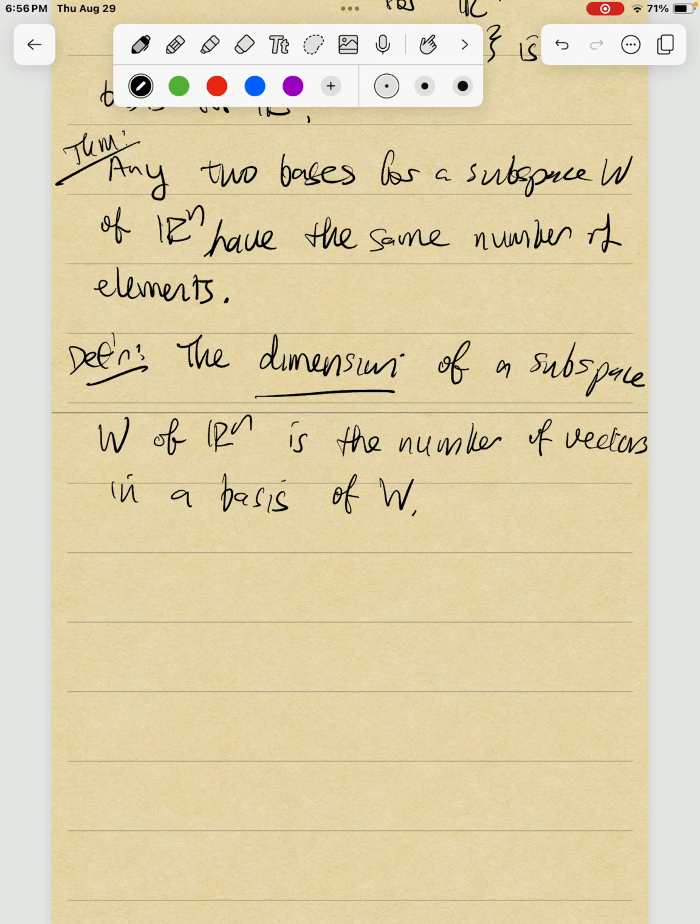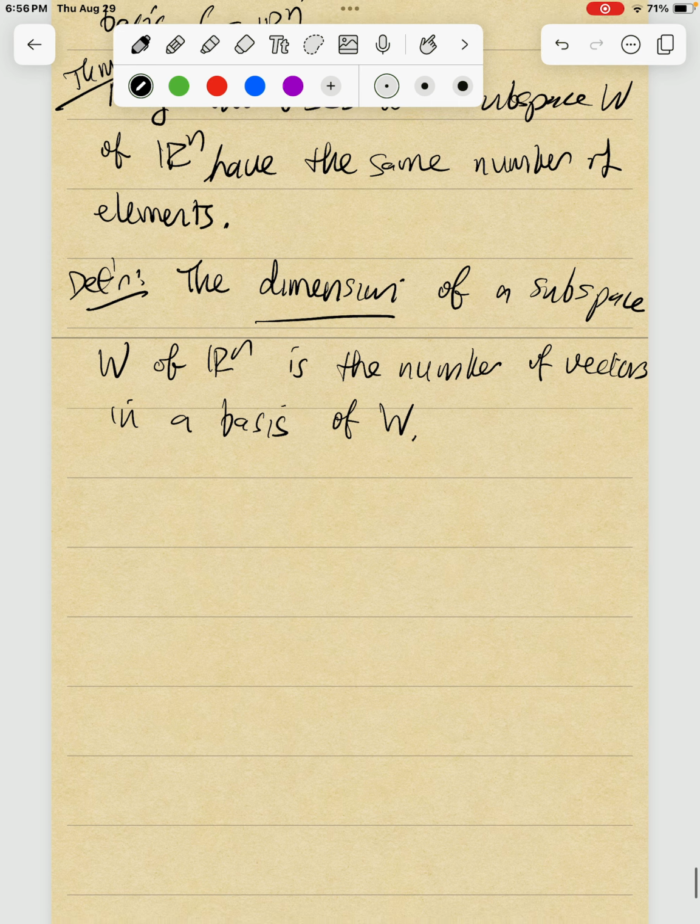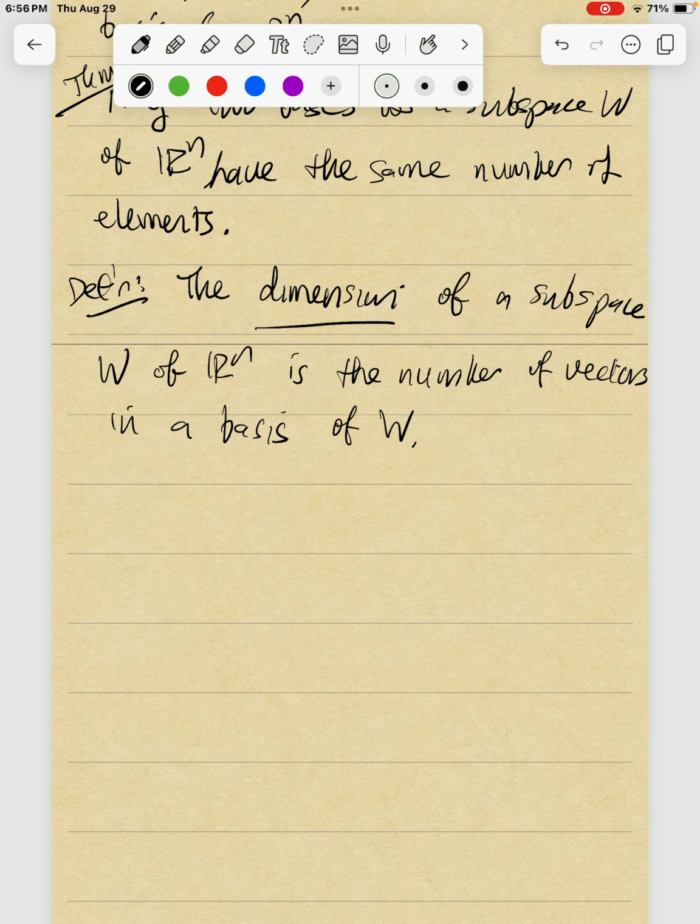Now, any subspace is going to have an infinite number of bases, as long as it's not just the zero vector, because if you have a basis, then you can always just scale the vectors in that basis to produce a different basis. But the key thing is that they have the same number of elements.